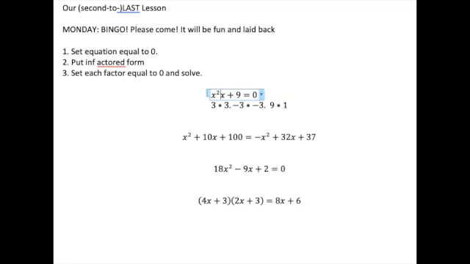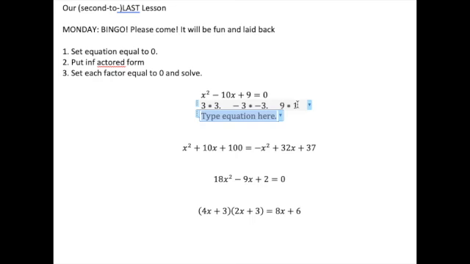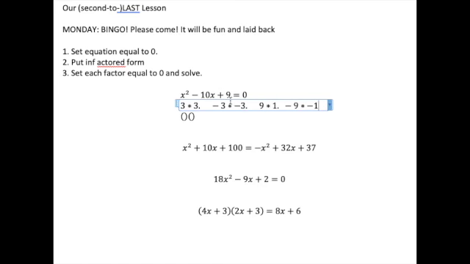So I'm going to change this number to a 10, negative 10, x plus 9. And then if I make it the problem like that, then there is a set of factors that will work. So let's see, I need numbers that multiply to get me 9 and add to get me negative 10. If I do negative 9 and negative 1, it should work.